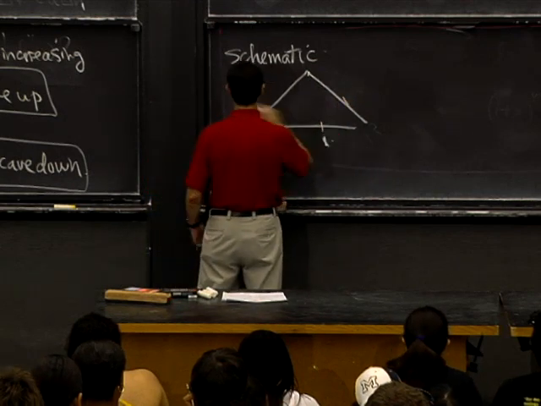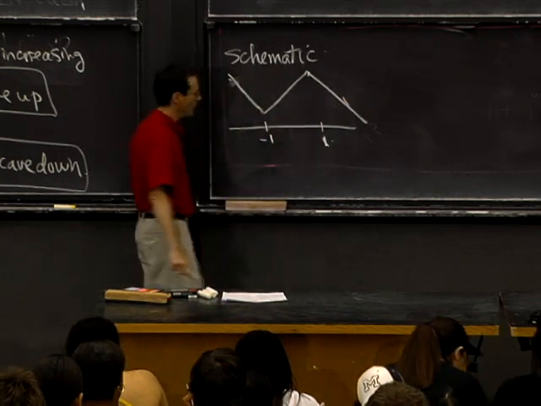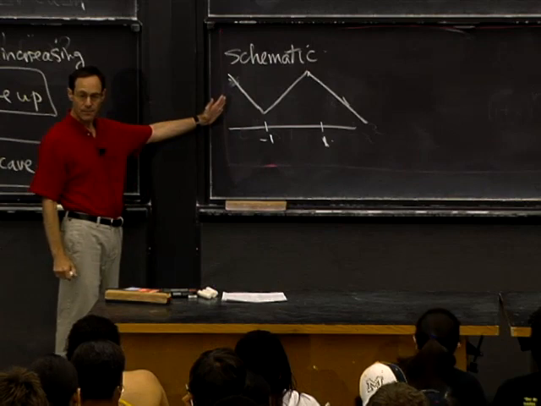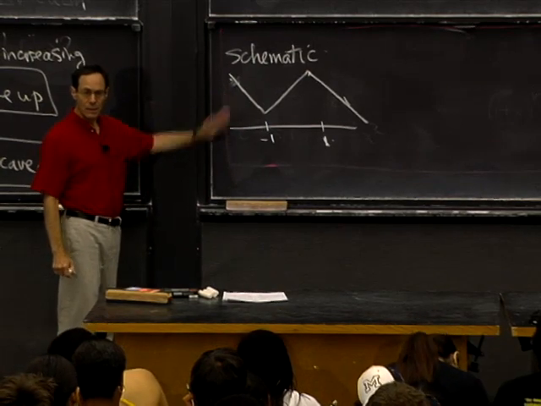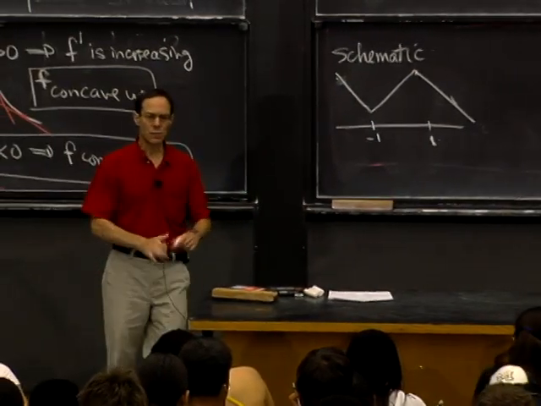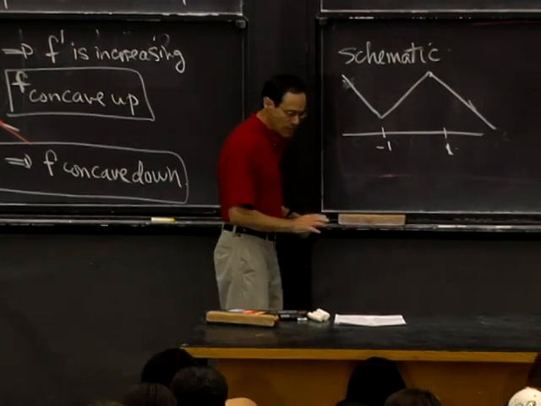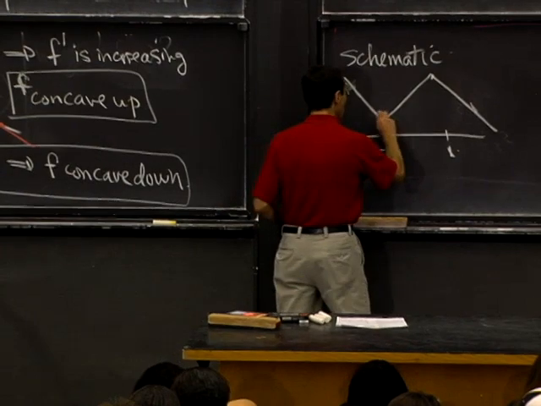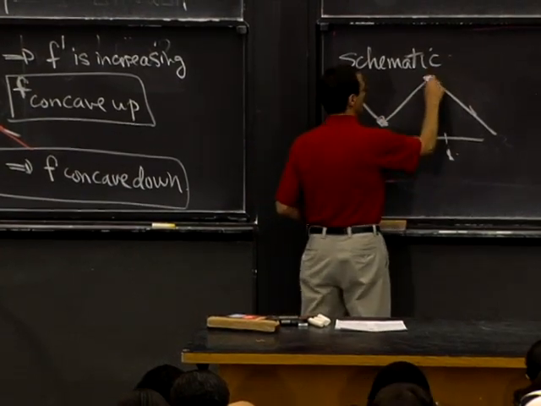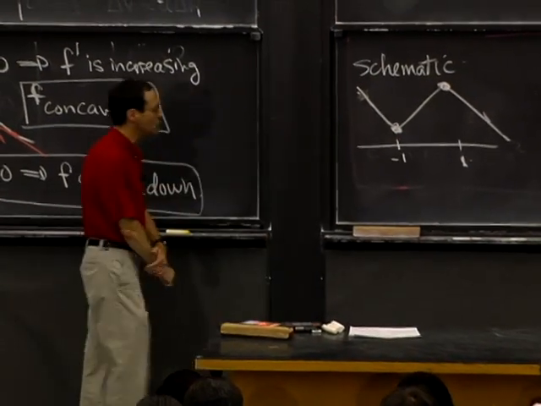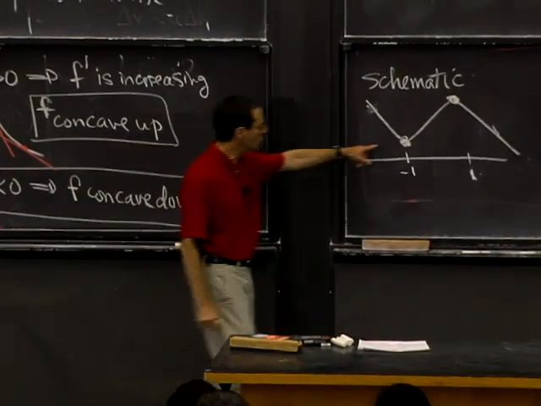That's what it's doing. Maybe I'll just leave it alone like this. That's what it looks like. So this is the kind of information we can get right off the bat. And you notice immediately that the key features of the function that we see here are these two places.